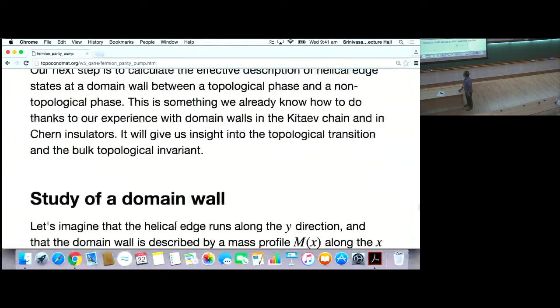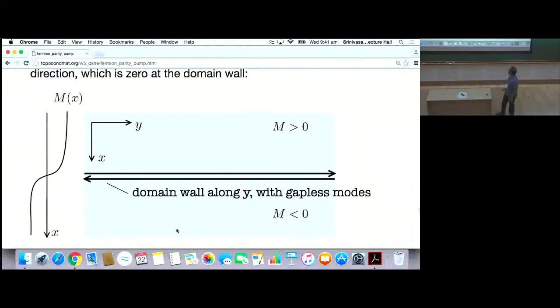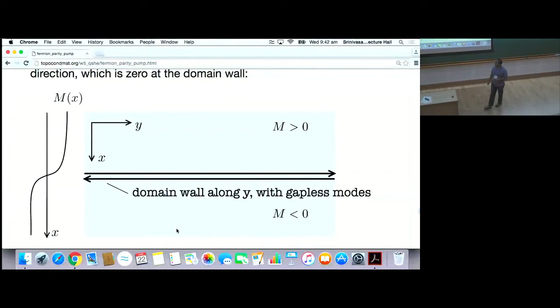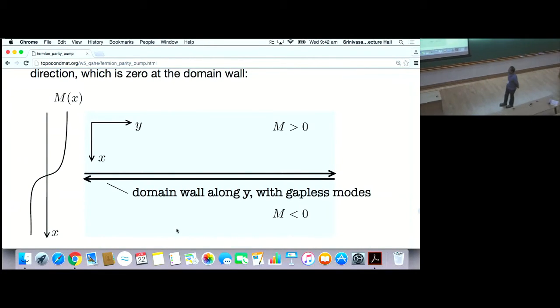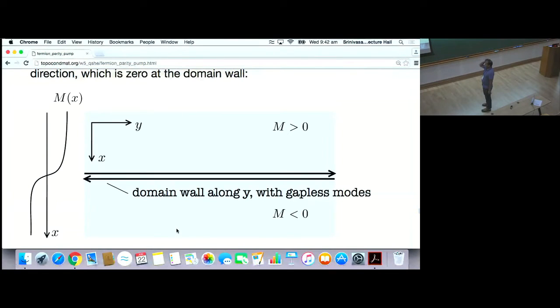Now let's ask ourselves, when do we get edge states? So I imagine I have some y direction and some x direction, and I have some mass term in the Hamiltonian which changes.